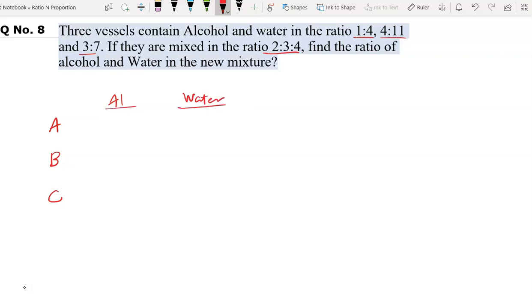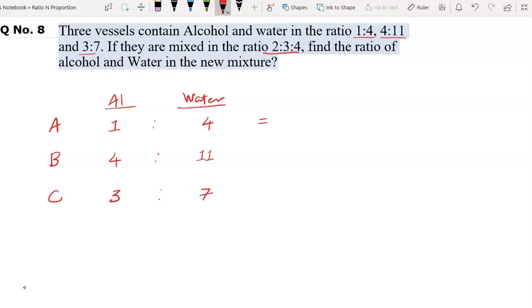In the first vessel the ratio is how much? 1:4. In the second vessel the ratio is 4:11. In the third vessel the ratio is 3:7.